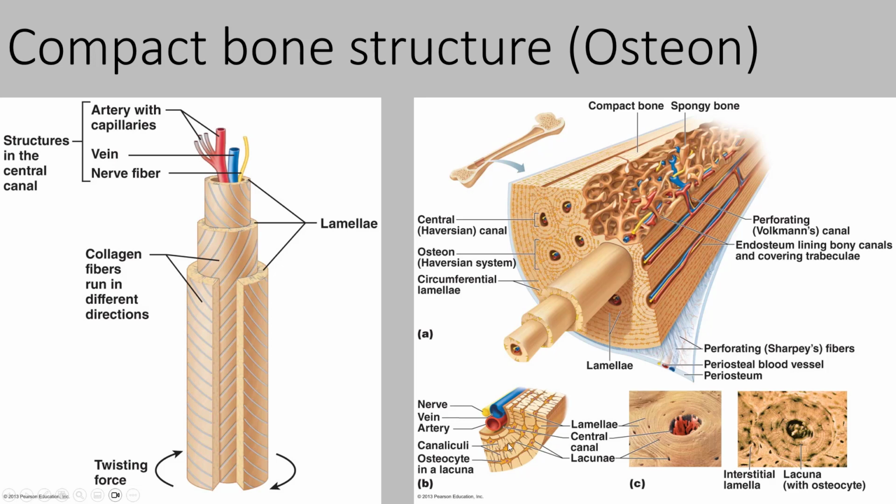And the osteocytes live inside of a little pocket called a lacuna. We saw these in the osteon model. The osteocytes live inside of a pit called a lacuna. Here's an artist's drawing. Over here we can see, this looks like an electron microscope image, and over here is a light microscope image.